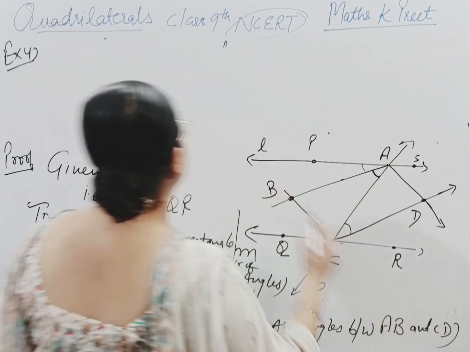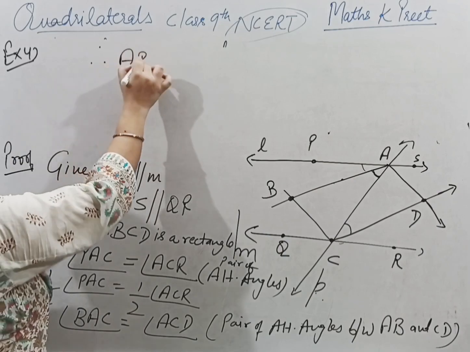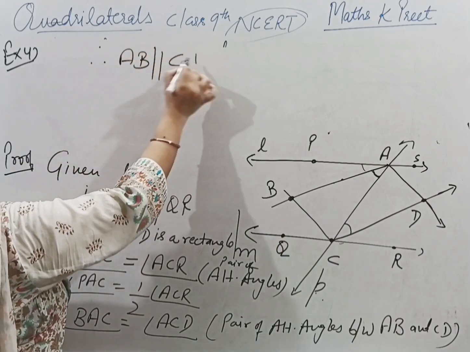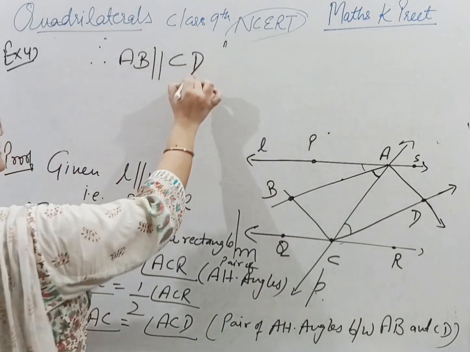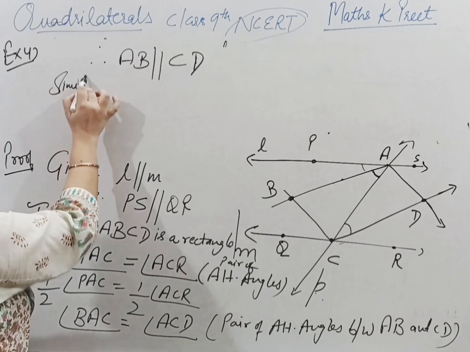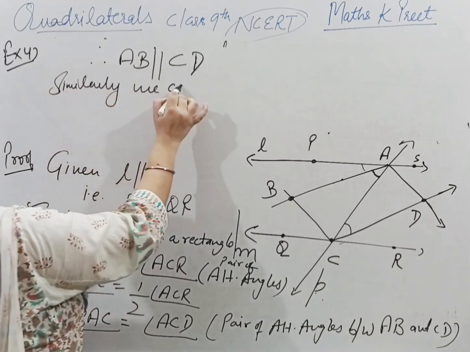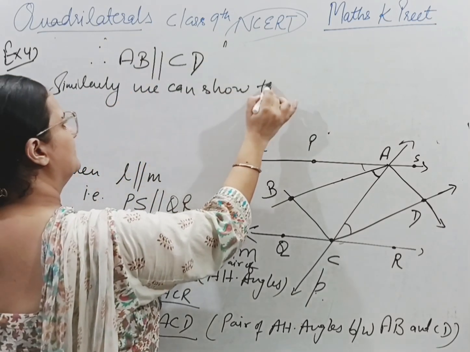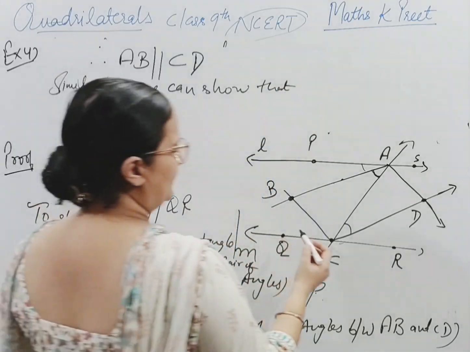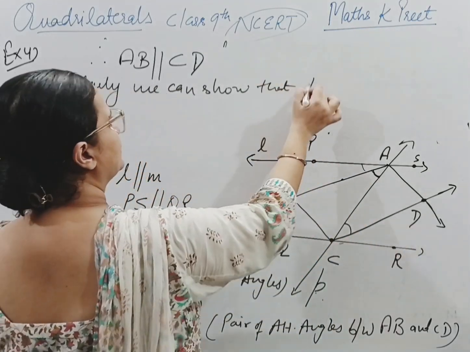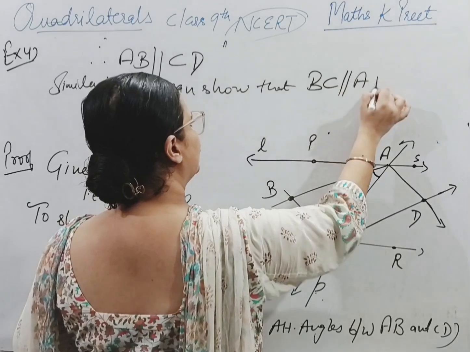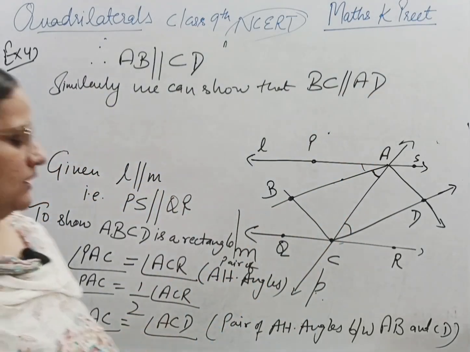Therefore, we have AB is parallel to CD. Similarly, we can show that BC is parallel to AD.